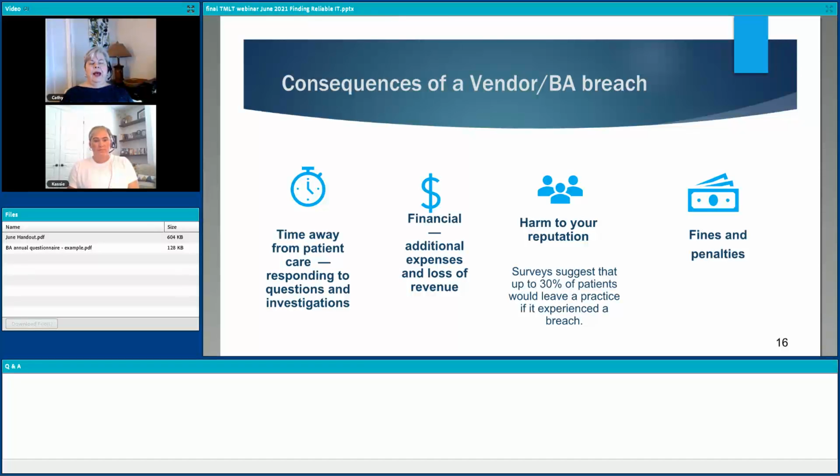And I know of one example where a practice, clearly the breach was caused by an error on the part of the business associate. And what happened with that business associate? They literally closed their doors and went out of business. They didn't have cyber insurance. They didn't have technology errors and omissions.